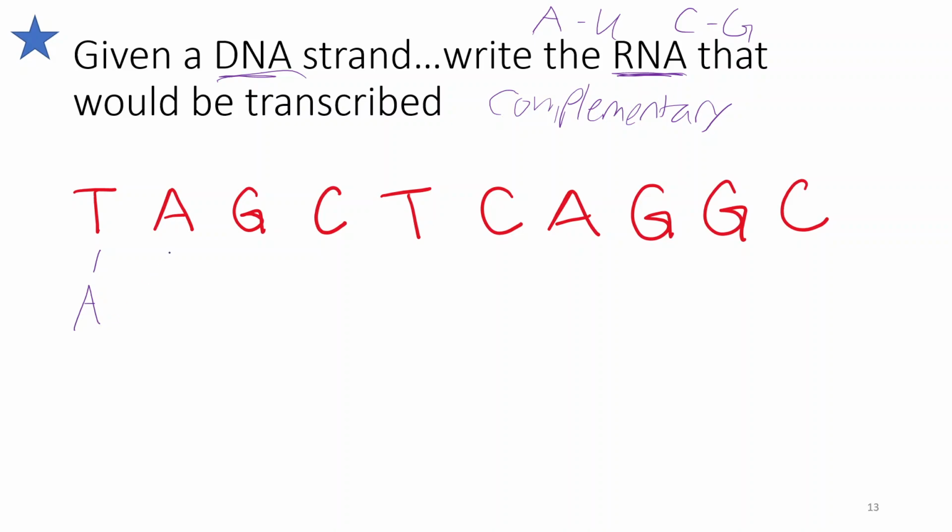A still exists in RNA, but this A can't pair with a T. It pairs with a U, okay? And then we have C and G, and then go on and finish the rest of that RNA sequence, please. Finish that in iClicker.